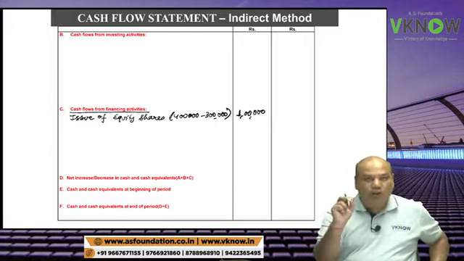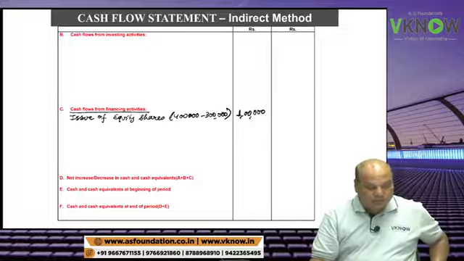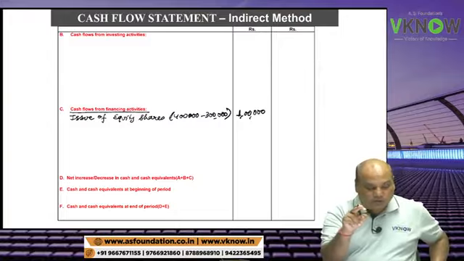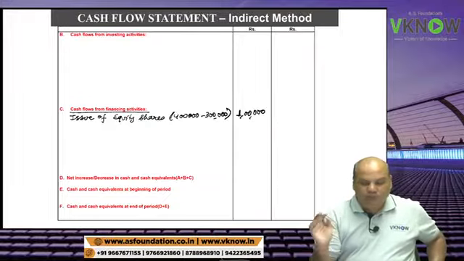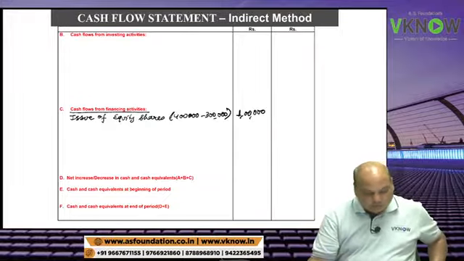Then when you look at the preference share capital, from 1 lakh 50,000, it has gone to 1 lakh. So redemption has taken place.